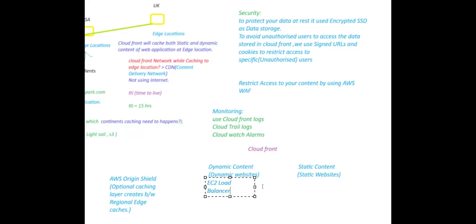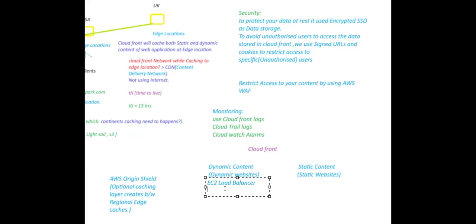Let's say I'm having a website that is created by using servers, where I use EC2 instances as servers. And in order to balance my requests coming to the servers, I am using a load balancer. So I'm calling the whole thing the EC2 load balancer.